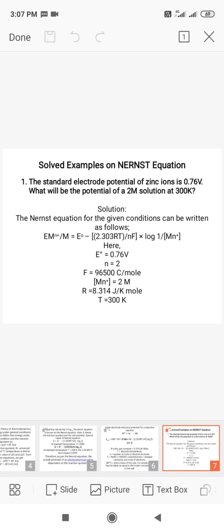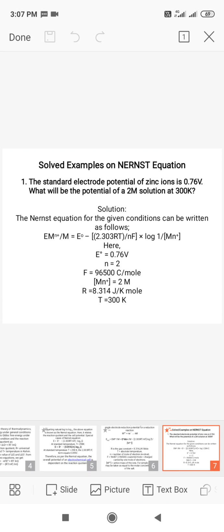So, for a zinc electrode, we are using the Nernst equation as E is equal to E naught minus 2.303 into RT divided by nF log of 1 by the concentration of metal ions. Here, the standard EMF, that is, the standard cell potential, is given in the problem as 0.76 volt. The n value is 2 because zinc is bivalent; the number of electrons transferred in this electrochemical reaction is 2.